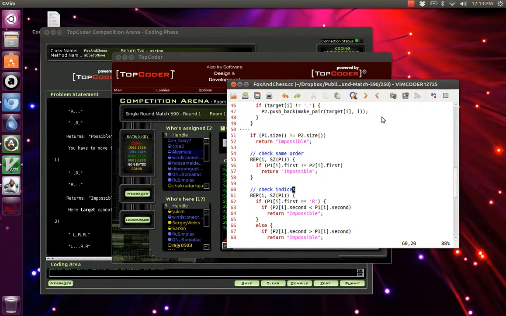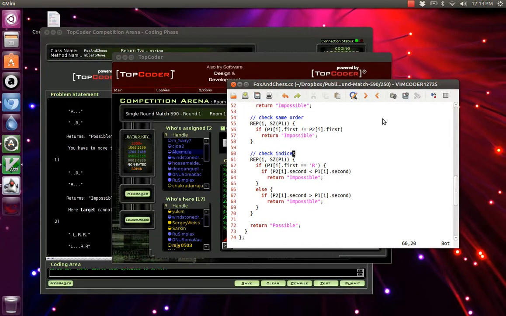So what I did on the 500 problem was to just brute force everything. No clever idea, because I did not have the solution. Usually you need something very clever.